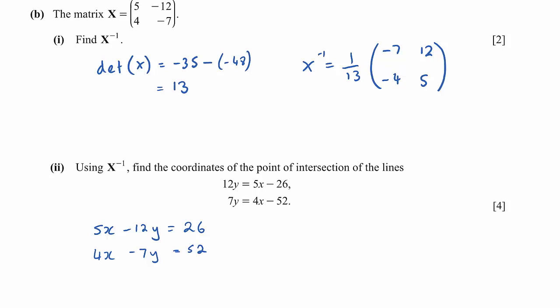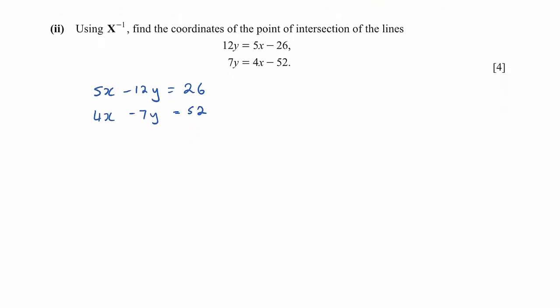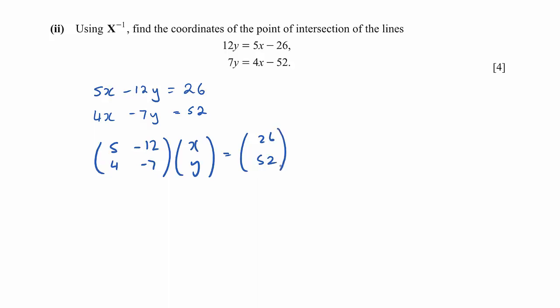So those coefficients fit perfectly with this matrix. So we can make that into a matrix equation. So we can make that into 5, negative 12, 4, negative 7, x, y equals 26, 52.